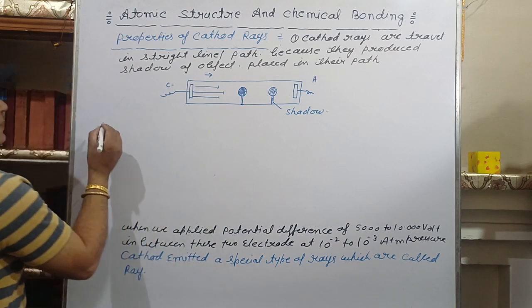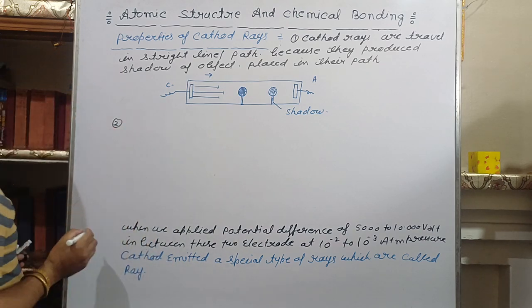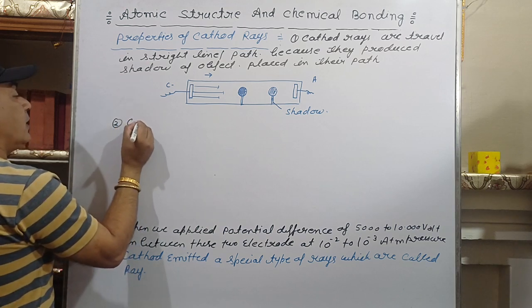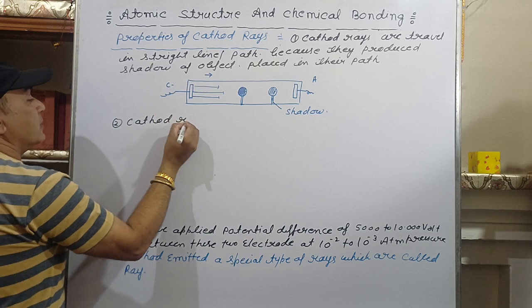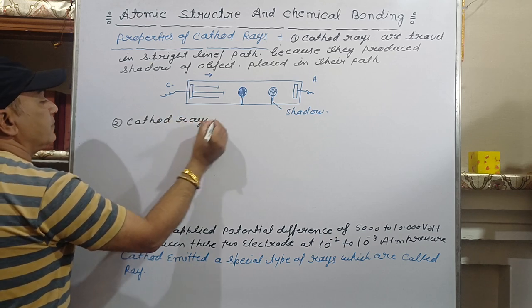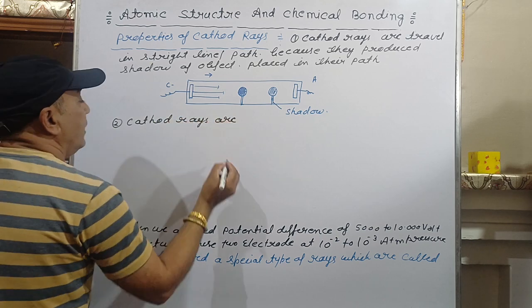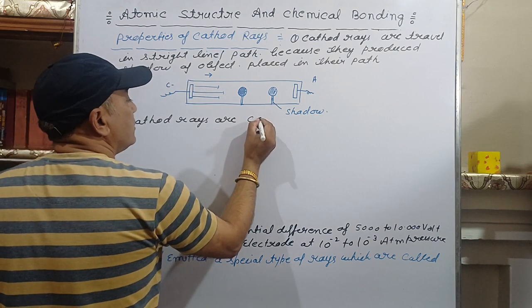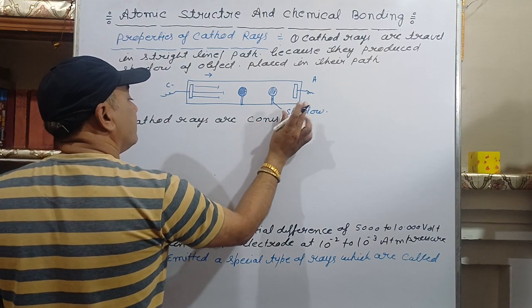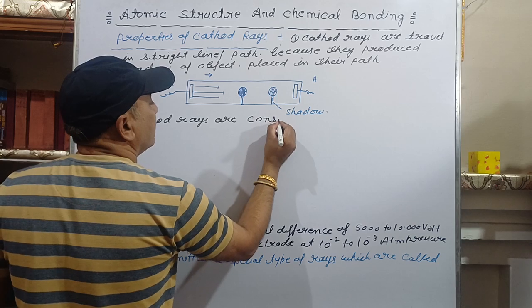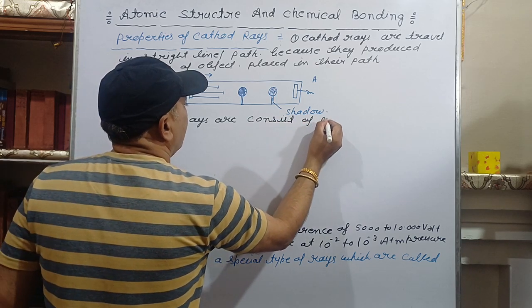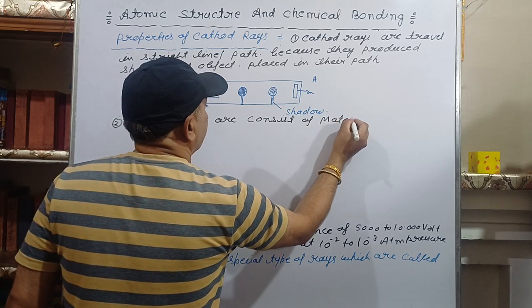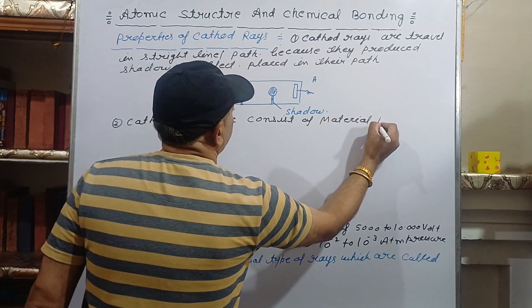Now the second property is that cathode rays consist of material particles.